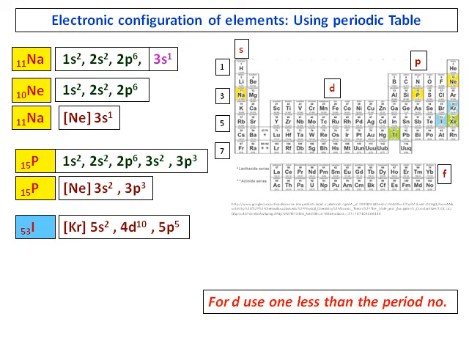Since the period number is 5, it will be 4d, and I'll have full 10 electrons in the D level, therefore it will be 4d10. And then when I count up to iodine, you see that I can have 1, 2, 3, 4, 5 electrons in the P. Therefore the electronic configuration of iodine is krypton 5s2, 4d10, 5p5.